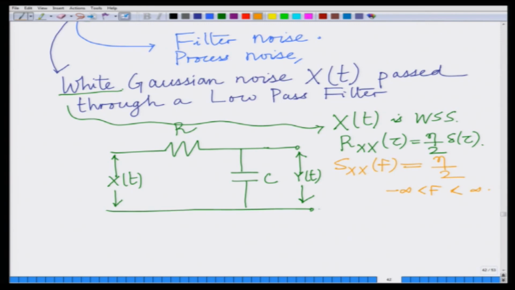Further, let us also assume that this noise is 0 mean. So we are assuming white Gaussian noise with 0 mean, that implies the expected value of x of t, which is mu of x, is 0 at every time instant t.